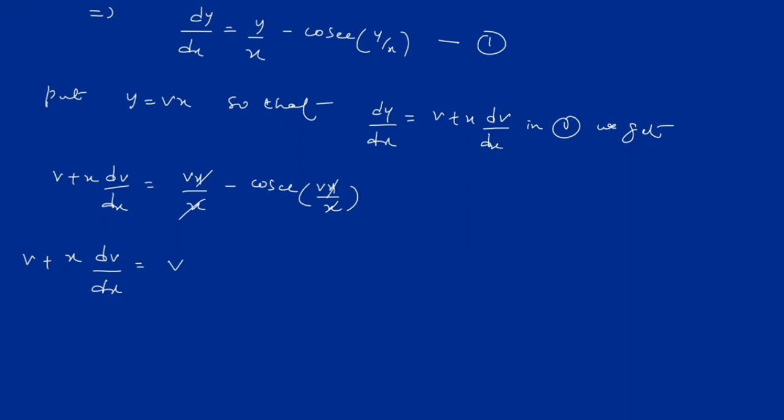Here also x gets cancelled, minus cosec v. So x dv by dx equals v minus cosec v minus v, right? So plus v minus v gets cancelled. The remaining value is x dv by dx equals minus cosec v, right?